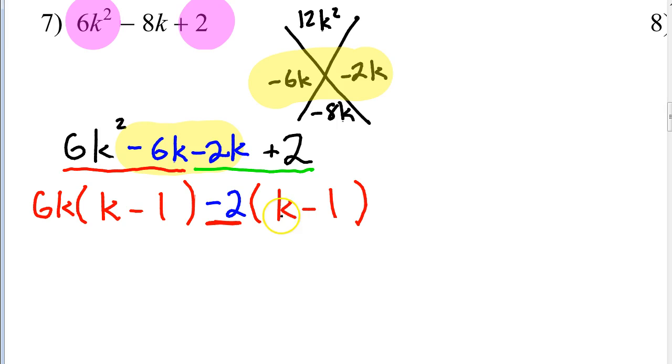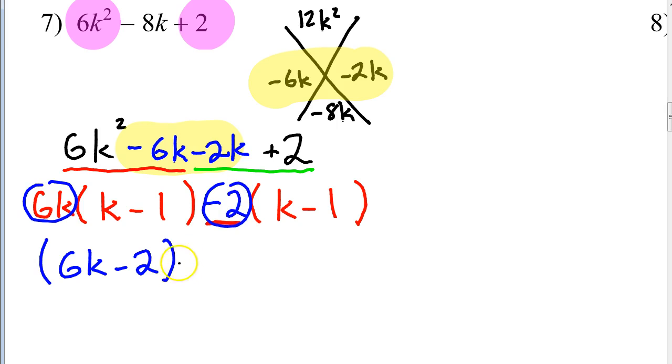Negative 2 times k times k. Yeah, that works. Negative times negative is positive. So we have 6k minus 2 as one factor. Right? That's the 2 GCFs. And the second factor in the answer is k minus 1.